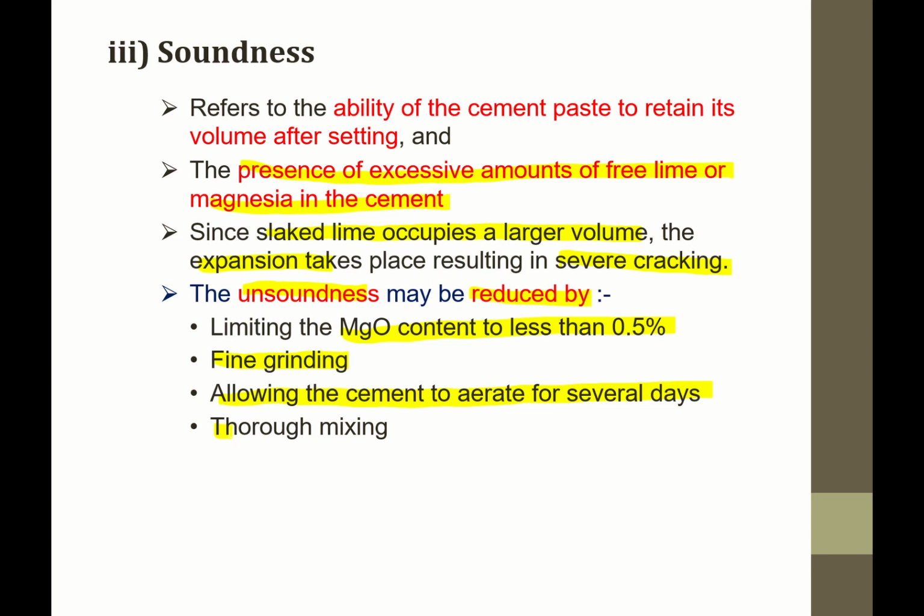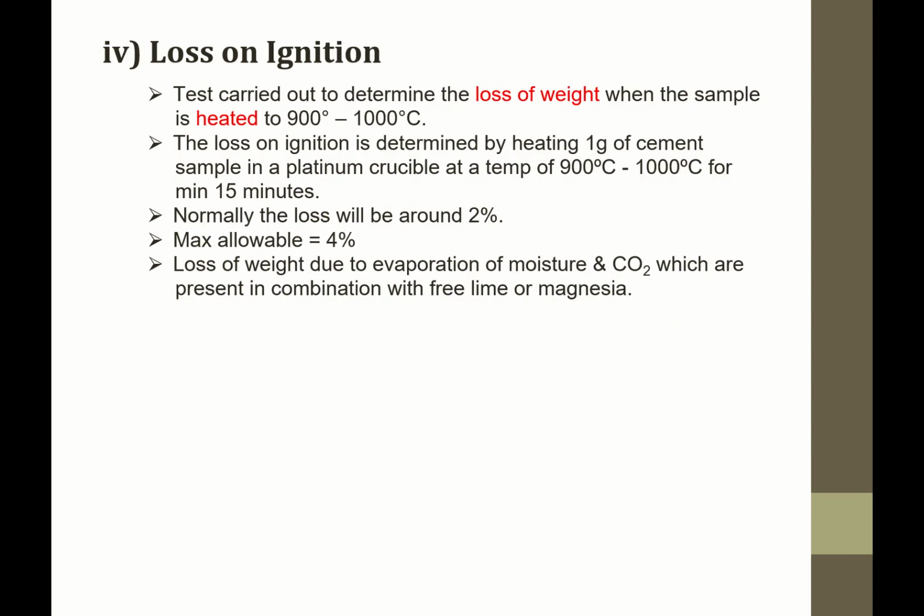And what you must ensure is thorough mixing. So that is why you need a proper mixer, so that you have very good mixing when you add cement, aggregate, water and fine sand inside the concrete mix.